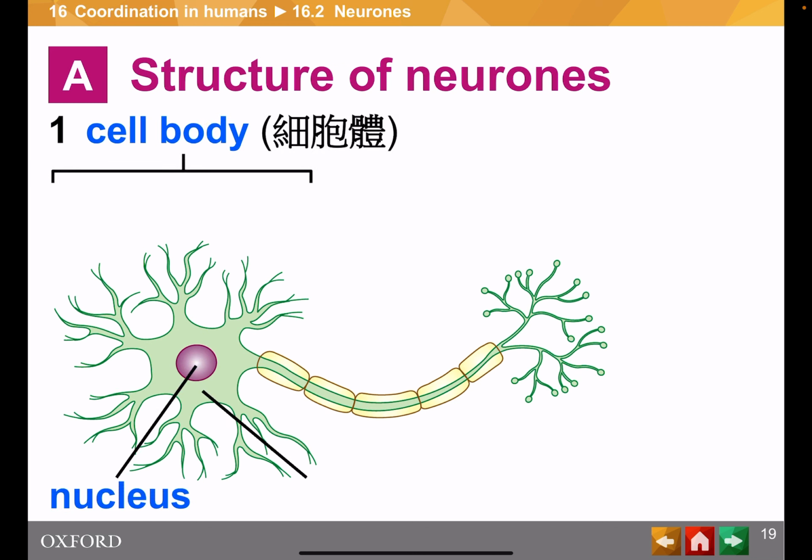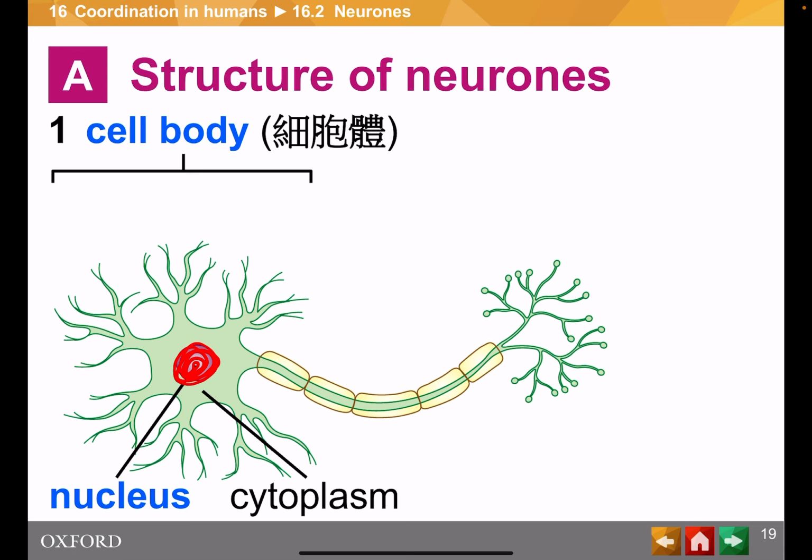Structure of neurons. A neuron consists of a cell body. How can you identify a cell body? It contains a nucleus. Very important, you identify it with the presence of a nucleus, cytoplasm, and other organelles.